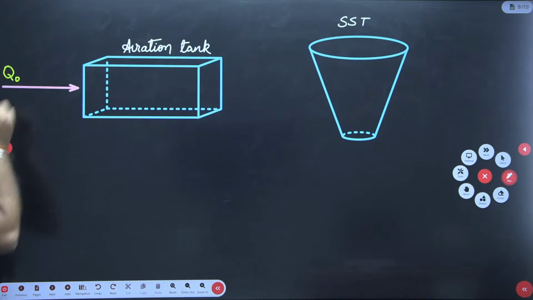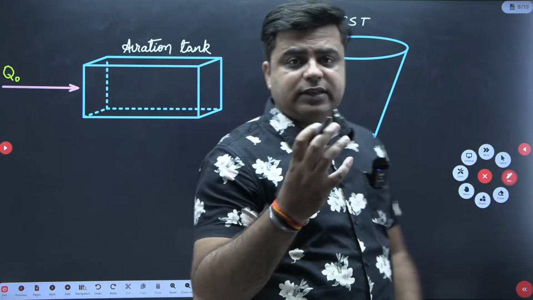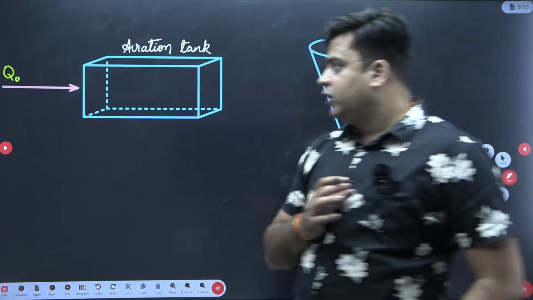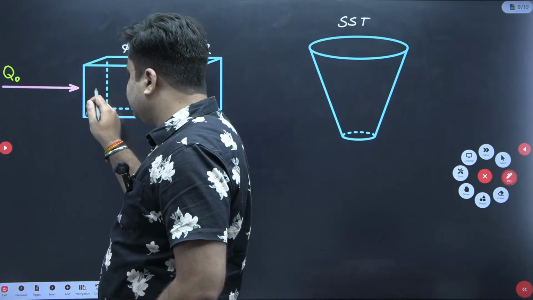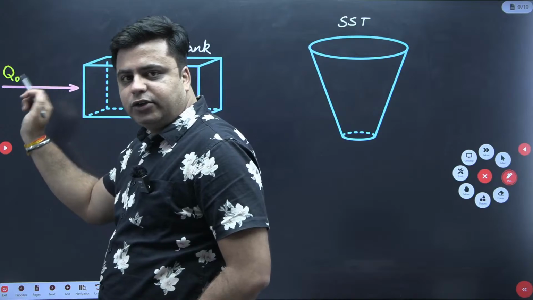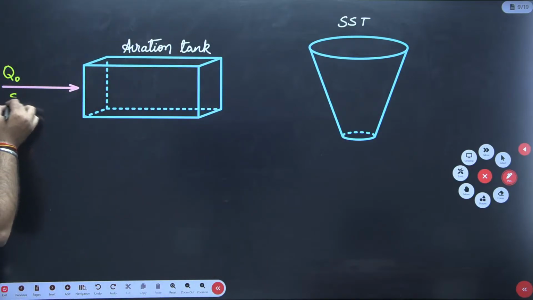Every term is important, because using these terms usually creates a lot of confusion for you. So the discharge coming from the primary sedimentation tank to the aeration tank is Q naught. In this wastewater, the suspended solid concentration present is SS naught. And the BOD of this wastewater is S naught.